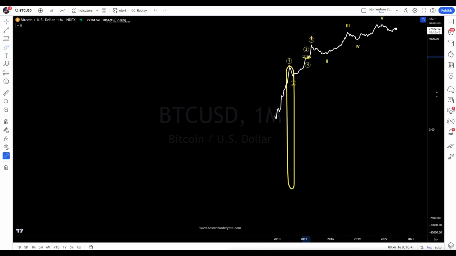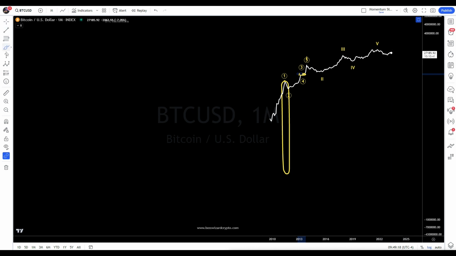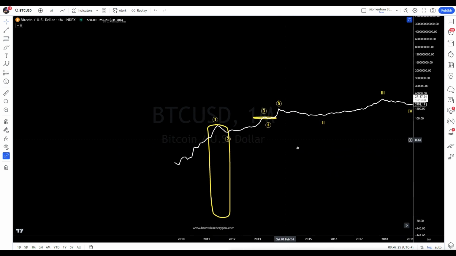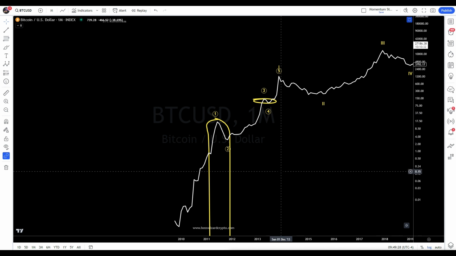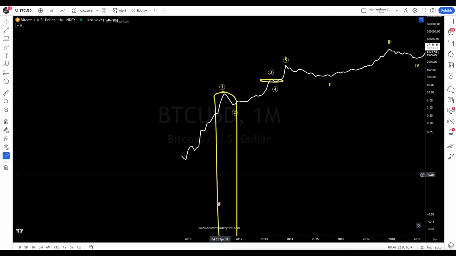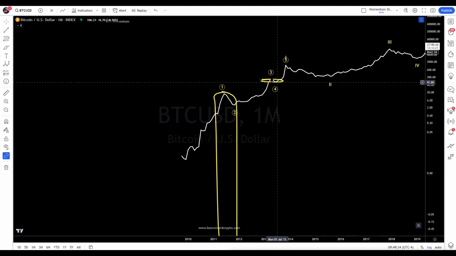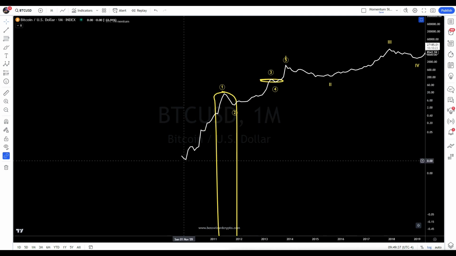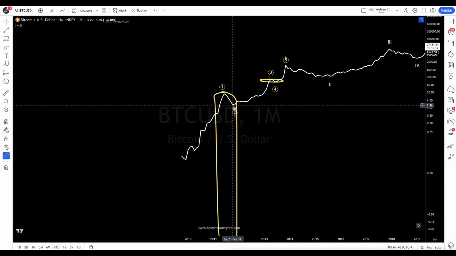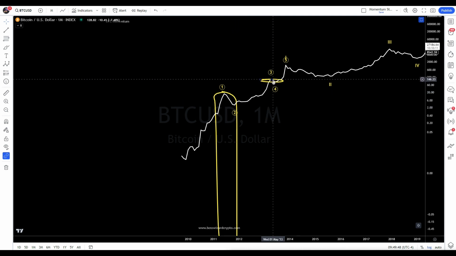Boom. This is where log can be deceptive to you sometimes. You have to use both when you're analyzing and counting with Elliott. And I drew the same size circle on these, by the way. That's a logarithmically larger circle than this one, which makes sense, because going from 0 cents to $18 is a much bigger move logarithmically than $2 to $140.